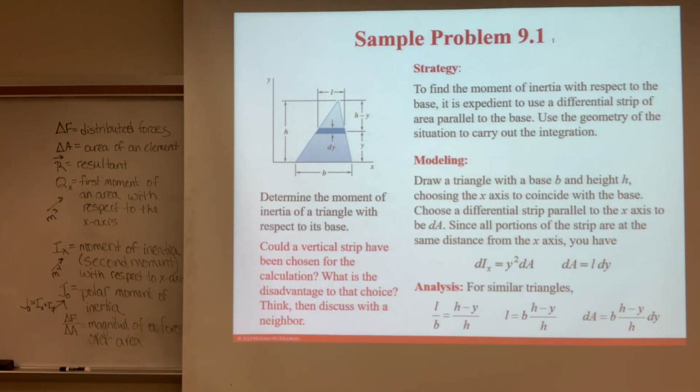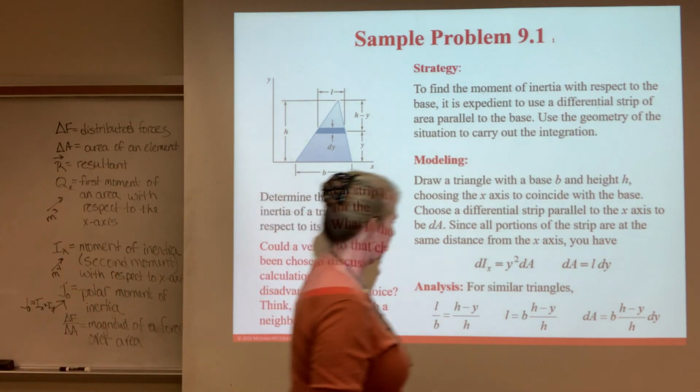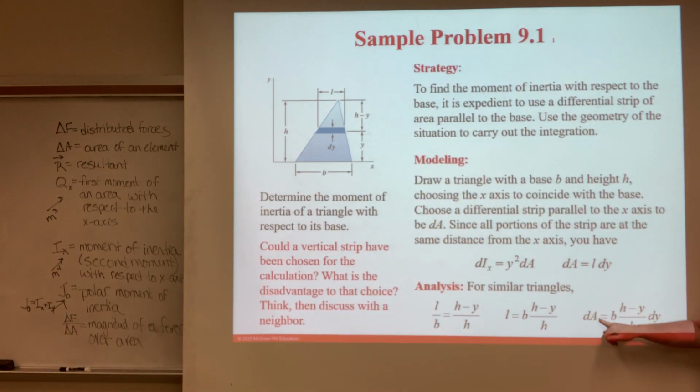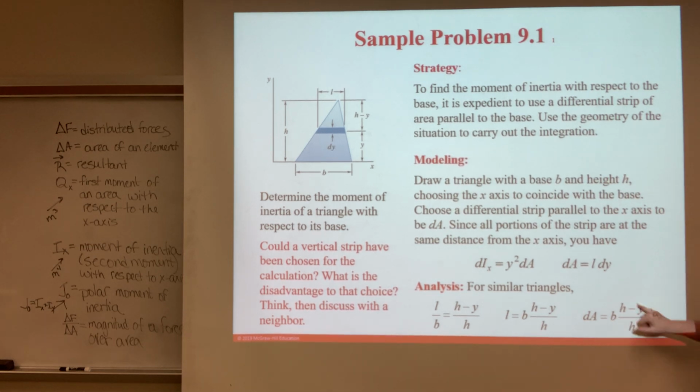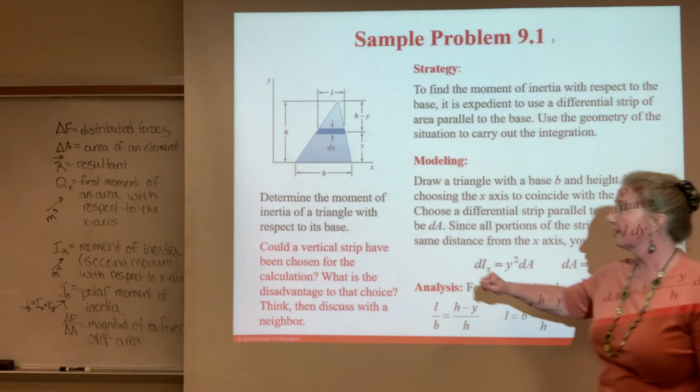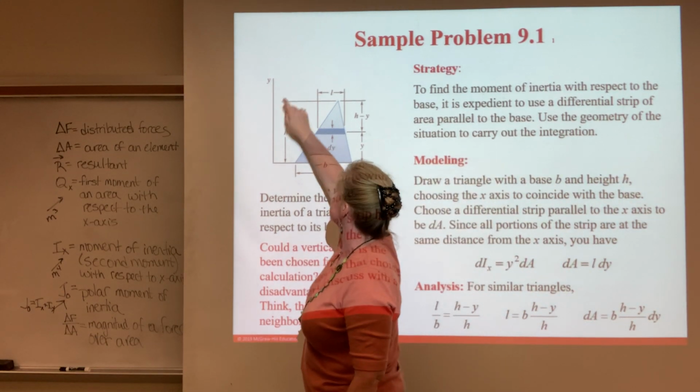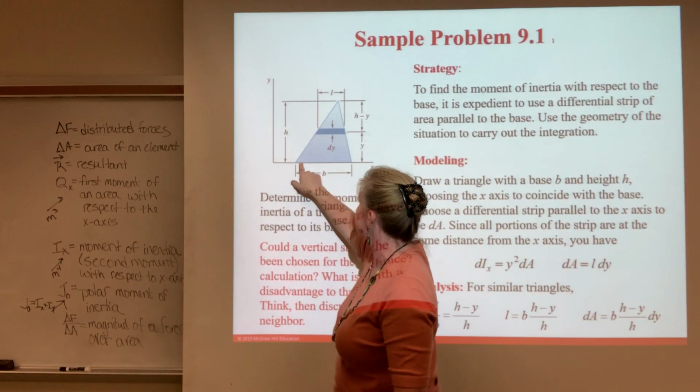So my area for this strip is the base times h minus y over h. Where do those come from? Again, this is a ratio. The height is the overall height, and here is the base.